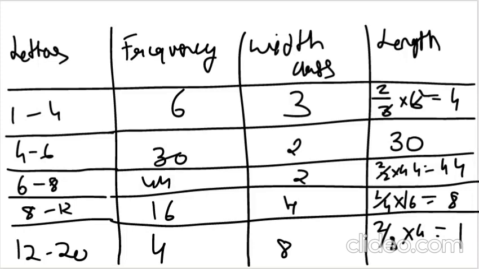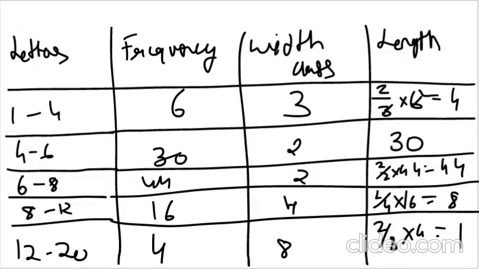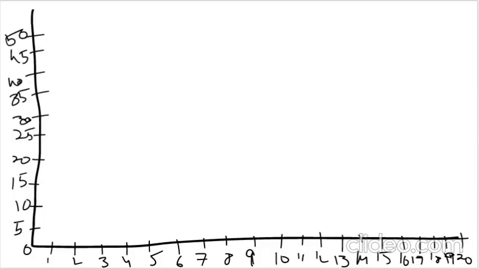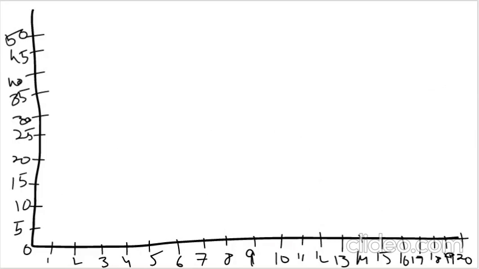I'll quickly draw the scale and then draw the histogram. On the x-axis we have the number of letters, from 10 to 20, and on the y-axis we have the number of surnames, on a scale of 5.